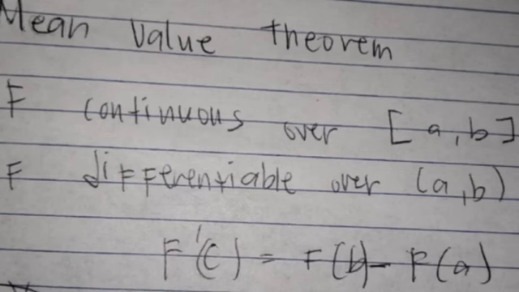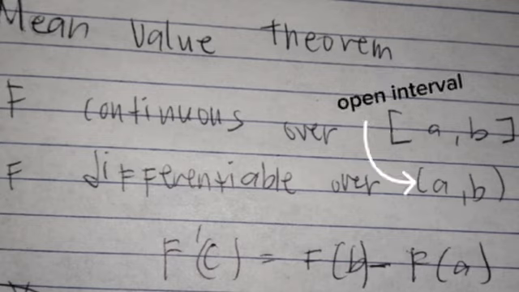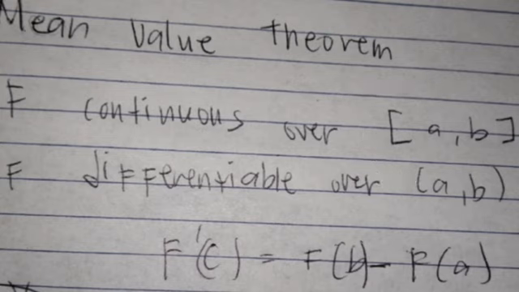If a function f is continuous on a closed interval a and b, and differentiable on the open interval a and b, there exists a number or a point c within the interval a and b, such that the derivative of the function at that point, denoted as f prime c, is equal to the slope of the secant line joining the endpoints of the curve representing the function on the interval a and b.